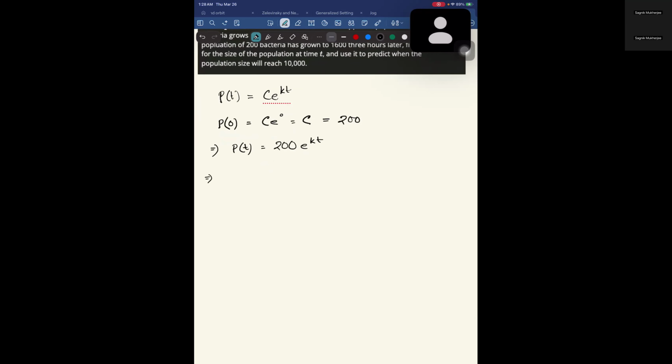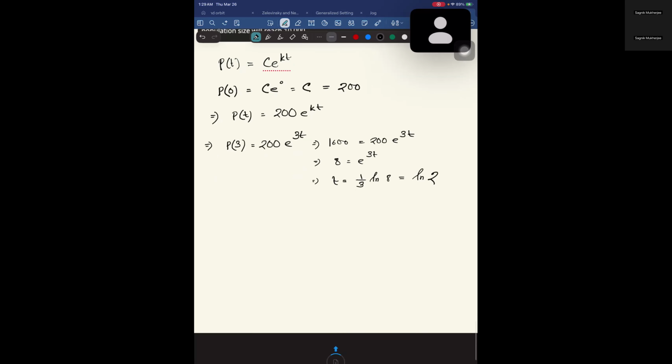So P of 3 is 200 e power 3k, meaning 1600 is 200 e power 3k, meaning 8 is e power 3k, meaning k is 1 over 3 log 8, which is nothing but log 2, right?